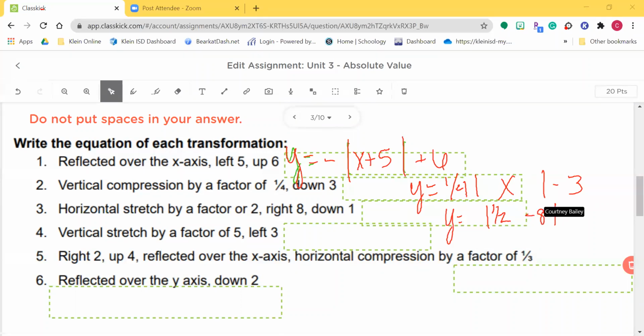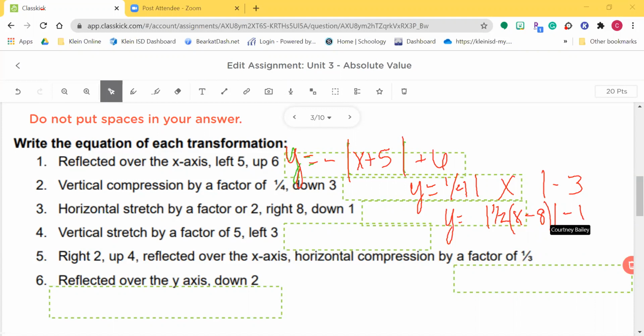Minus. -8. I have to have an X. Down 1, inside, outside? Outside. Plus or minus? Minus. Why is nobody in my class answering? Oh, 1/2 can't touch my X, so what do I have to do? Add my parentheses. Very good.